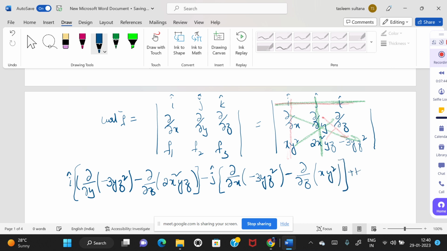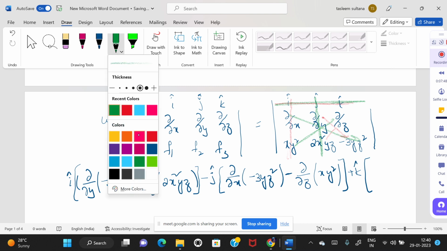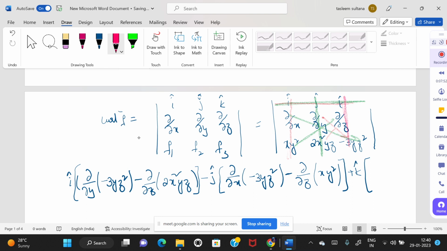Then plus k vector. When you're going with the k vector, you have to cancel this term and this term will get cancelled. You are left with this term, this and this. So you have to multiply this with this one.